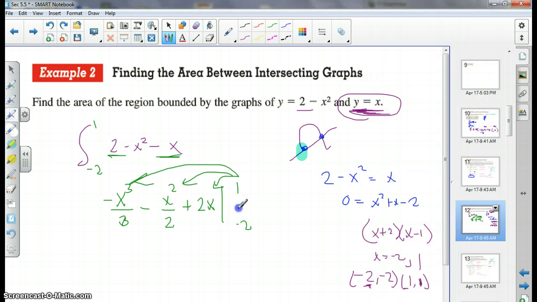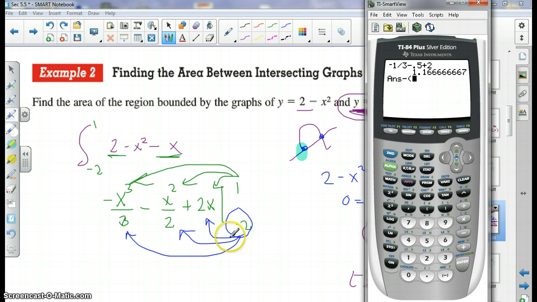I'm going to take that entire answer and subtract everything in parentheses. And this time I'm going to plug in the -2 to every term and subtract off every term. So -2 cubed is -8, but I have another negative out front, so how about positive 8/3?